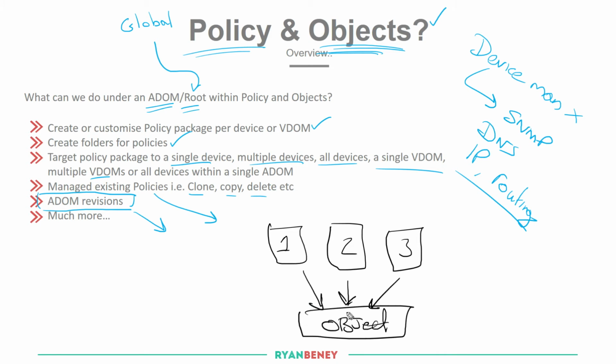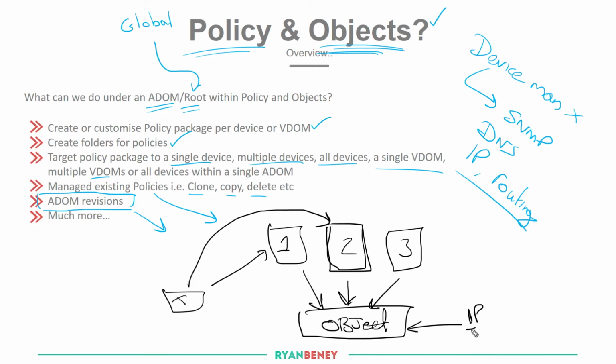Now that may not seem like an issue to begin with, but let's say for example policy 1 is currently set on a FortiGate device, and we've decided that we're going to install a new policy package, but part of that policy package requires a particular object, let's say maybe a new IP range, to be added to a particular policy object that links to a policy within policy package number 2.